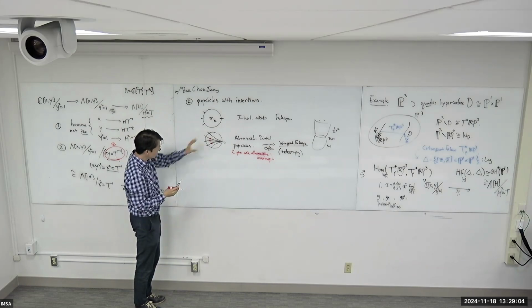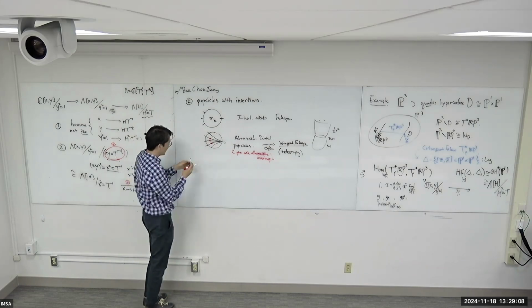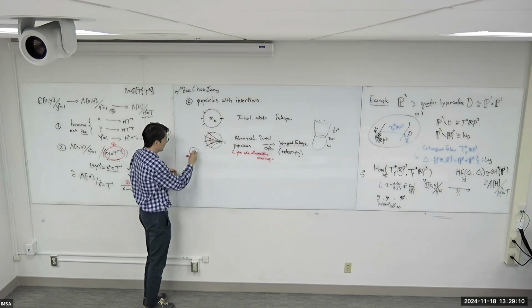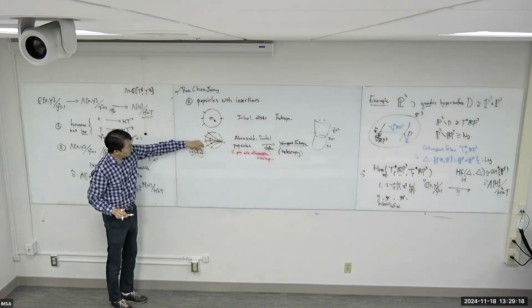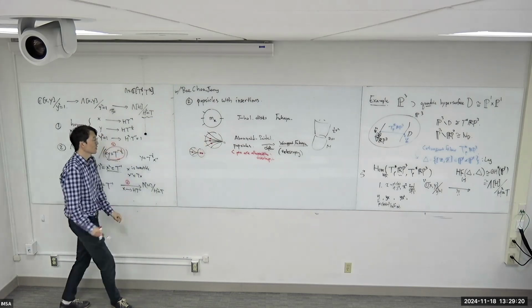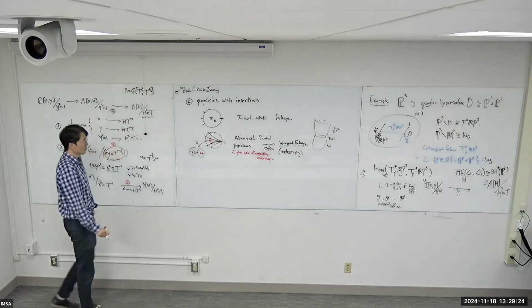But in the limiting configuration, they can go out. In the limit, you can have something like two points go out like this, one point remains, and then they can collide, right? So this is a possible codimension one limit.